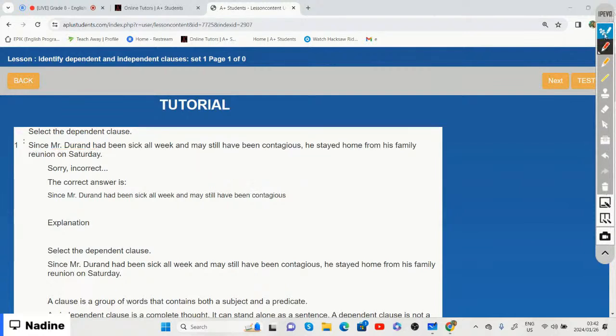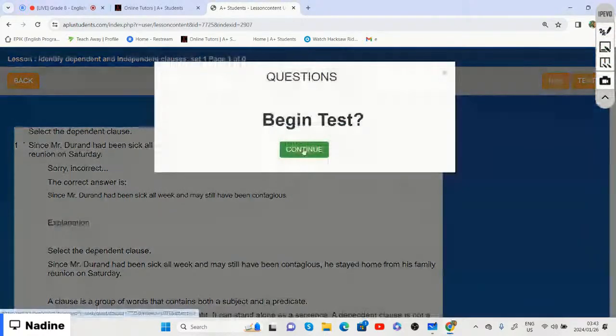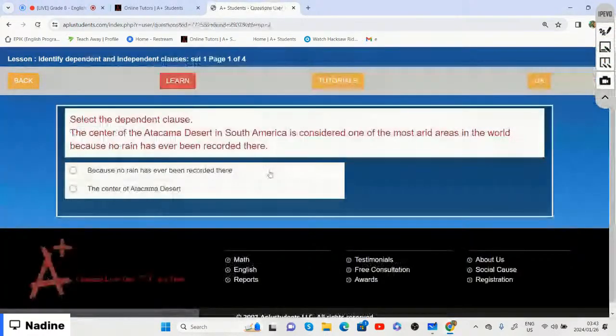All right, let's go to our test, where we are going to identify if it is an independent or a dependent clause. So we're going to have to select the dependent clause within the sentence.